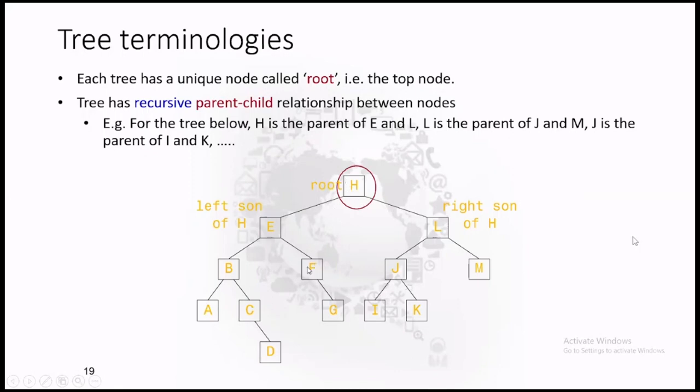Let's say F is the son of E, but which son? F is the right son of E, and E is the parent of B and also F. So these are the relationships for the tree.